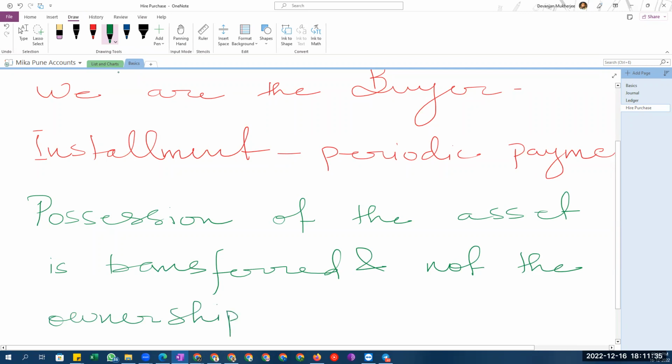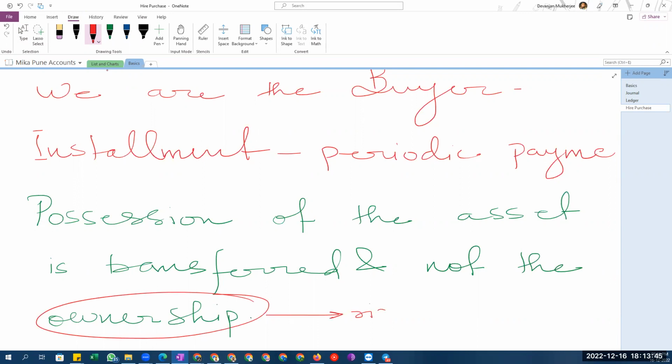Fine. So this is the next point that we need to remember. This particular thing means that only the physical possession of the asset gets transferred in the transaction. The ownership is not transferred. The rights are not transferred.